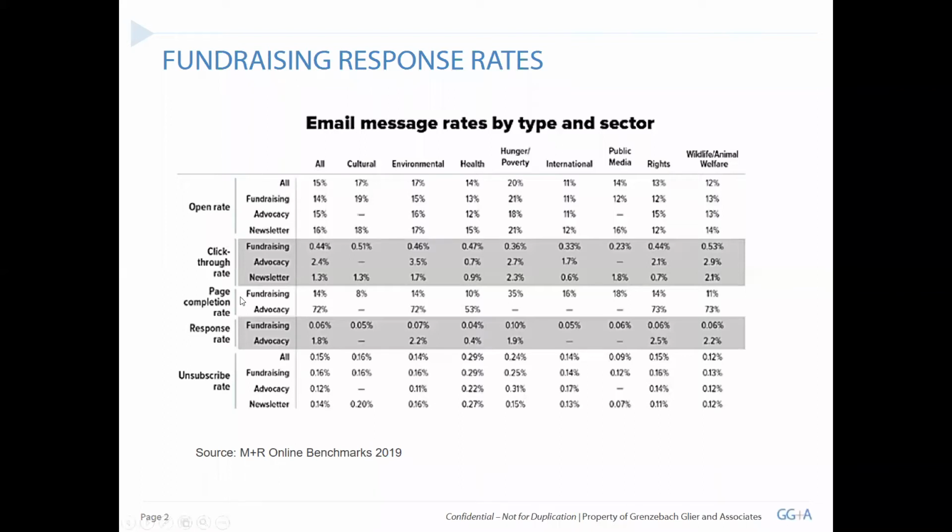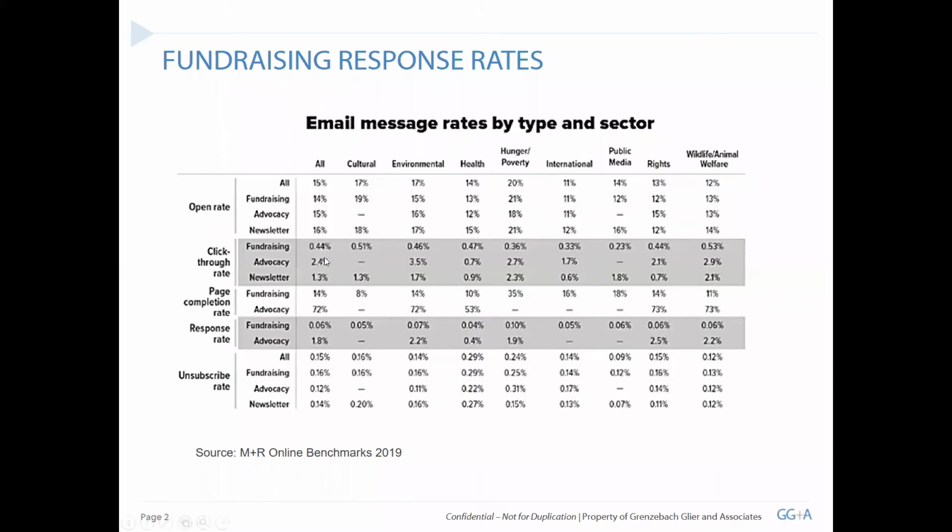What there is a big correlation between is response rate and page completion rate. Now, page completion rate is something that I found very few fundraisers tend to know about their online giving pages. It is very simply the percentage of visitors to your main donation page who actually complete the donation process.